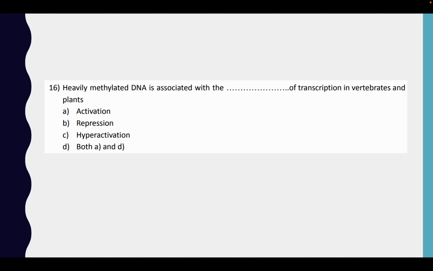Moving on to the next question. Heavily methylated DNA is associated with activation, repression, or hyperactivation, which of these, of transcription in vertebrates and plants.